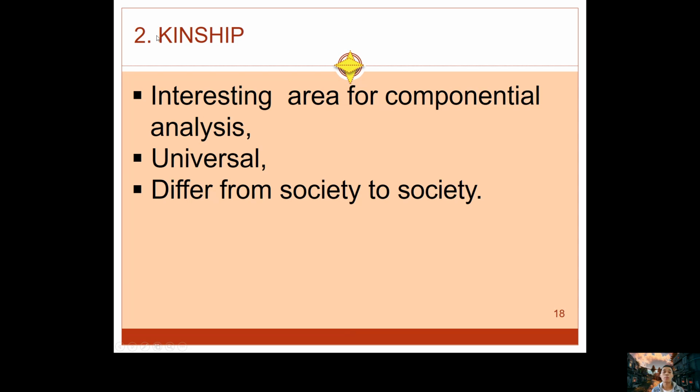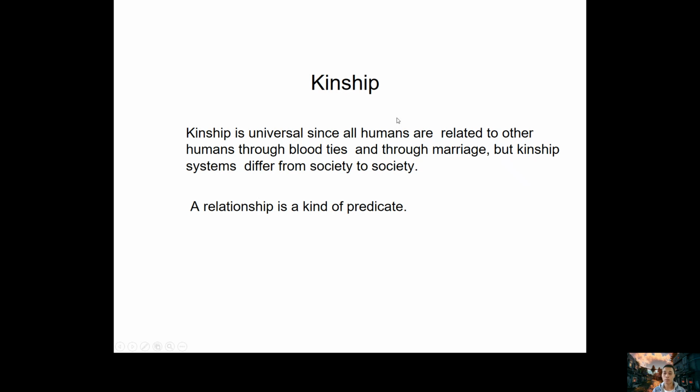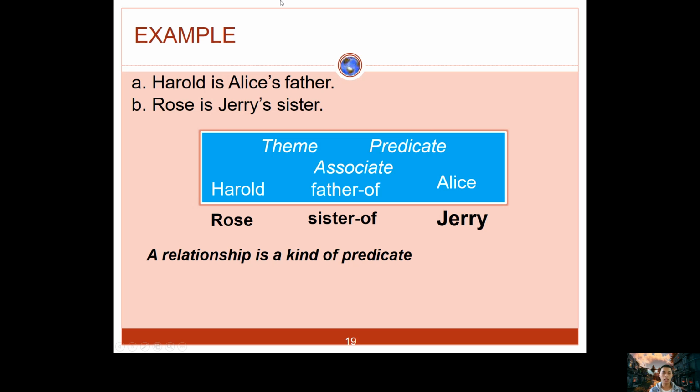All right, now we are talking about kinship. An interesting area for componential analysis, universal and differing from society to society. A relationship is a kind of predicate. Let's move to the example. Harold is Ellie's father, and Rose is Jerry's sister.